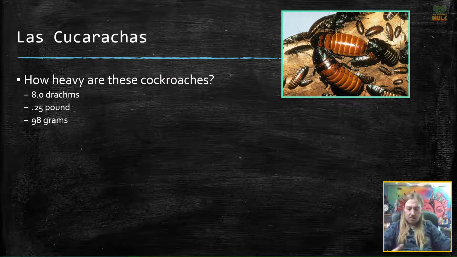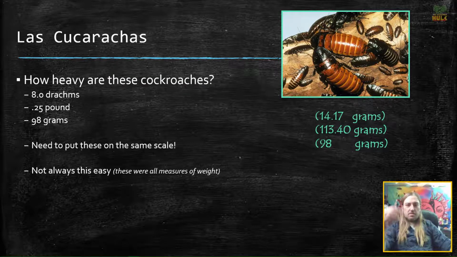And so here's 3 examples of some information I could have gotten. One person tells me they weigh 14.17 grams. Another says they weigh 8 drachms. Another says they weigh a quarter of a pound. Another says 98 grams. Those are 3 different scales, 3 different variables.